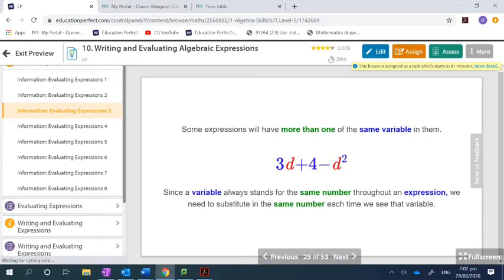Some expressions are going to have more than one variable in the same one. In this case, the d occurs twice. Does that mean it's a different number in each place? No. Absolutely not. If it's the same letter, it gets the same number throughout the expression. It can't have two different values in the same expression.